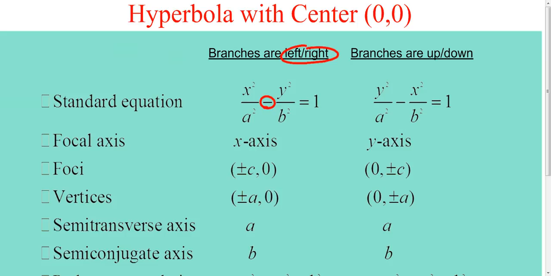I also need you to know that a does not mean that it's a bigger number. It just means that a moves along the x-axis because it's under the x in this case. b moves along the y-axis because it's underneath the y. It does not mean that a has to be bigger or that it's going to be longer or wider in one direction based on what number you see first.